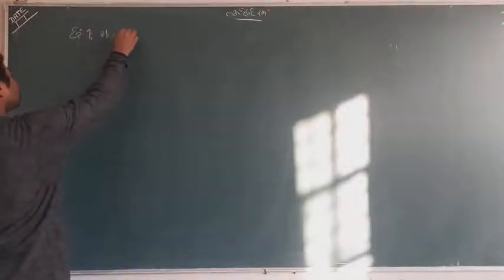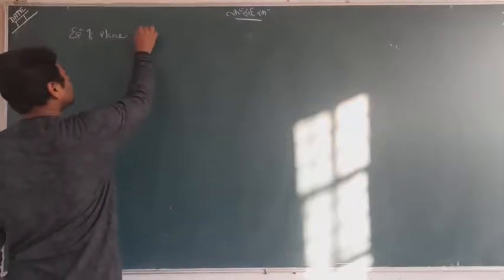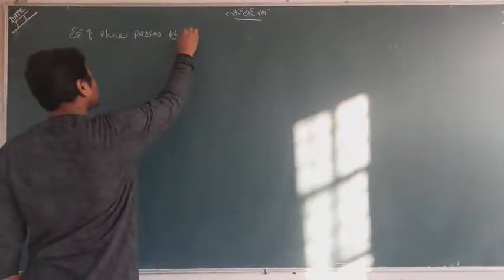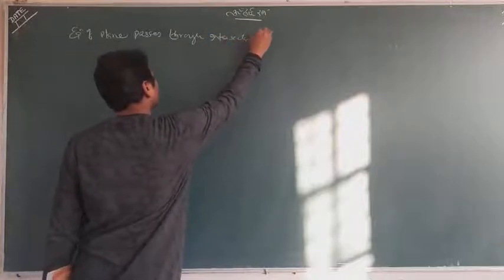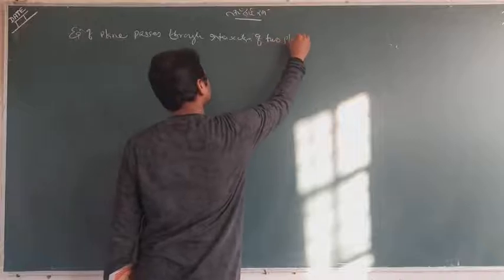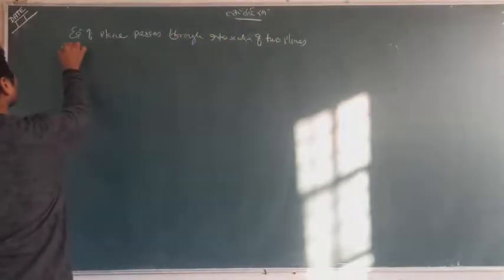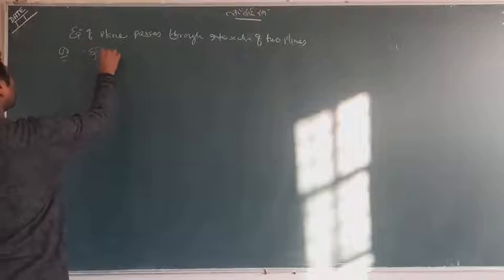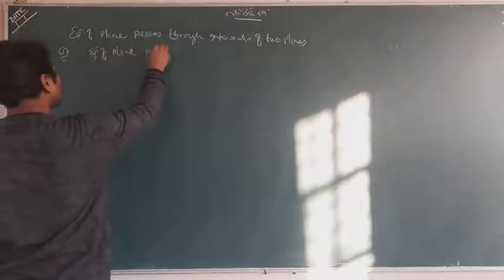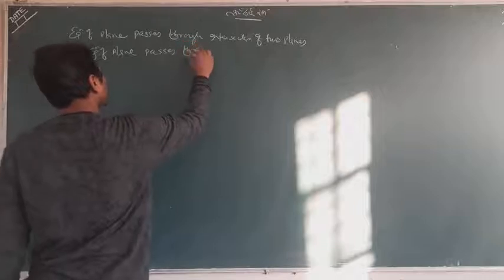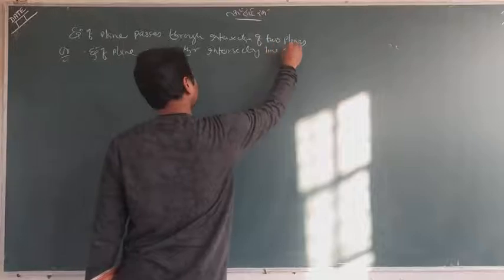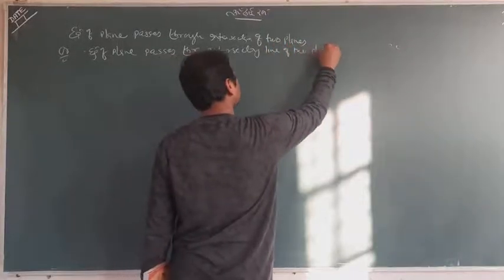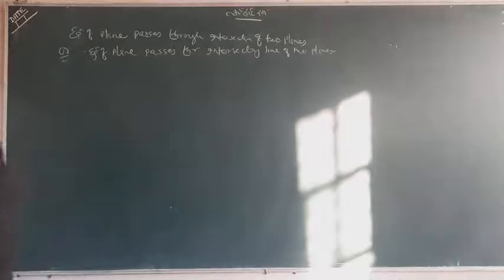Now, the equation of the plane passes through the intersection of two planes, or the equation of plane passes through the intersecting line of two planes. Both are actually the same language, but I will tell you what we are actually studying.